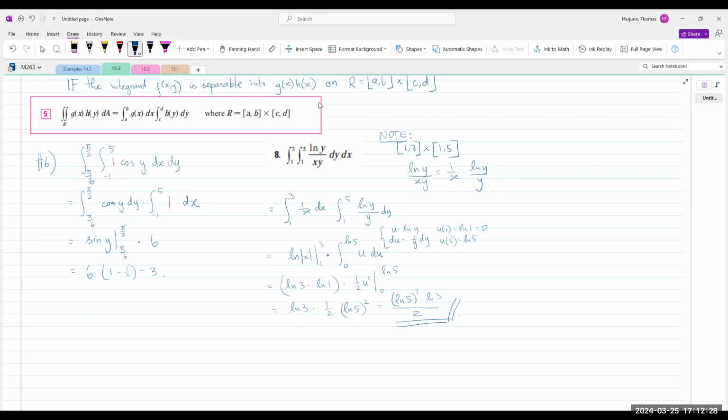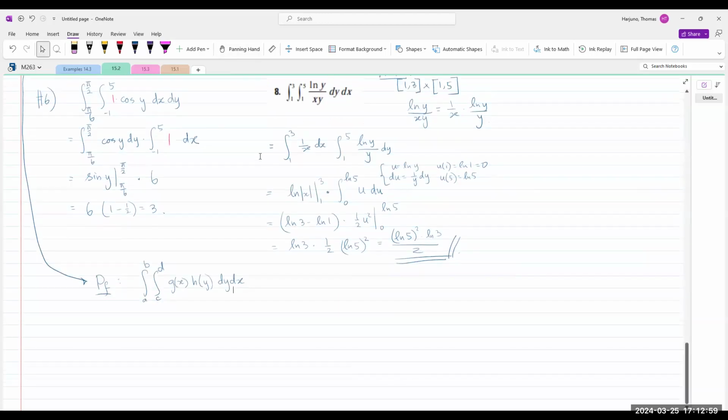Okay, the idea is basically as follows though. If I try to prove this theorem here, it's basically like this: integral from a to b, c to d of f(x,y), which is separable, so it becomes g(x) h(y) dy dx.